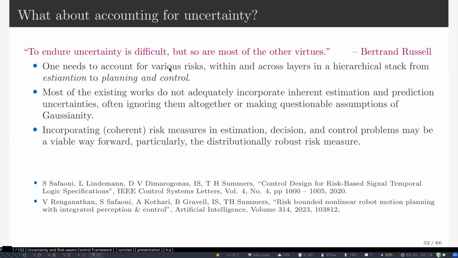So a few years ago, with a bunch of collaborators, we started thinking, and it's not just us, there were a bunch of different groups of people: is there a systematic way to incorporate risk in decision making?